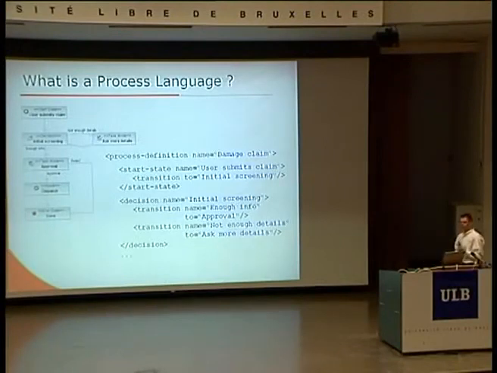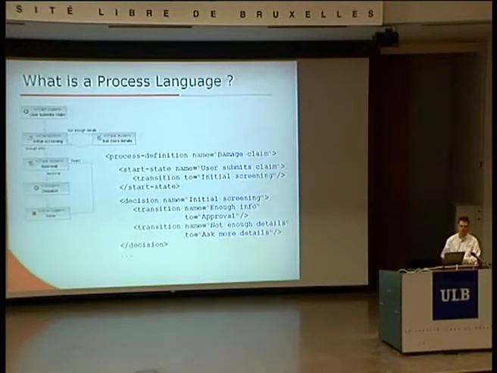So then, what is a process language? Here you can see a real example or an indication of what JPDL is all about. On the right, you see the XML syntax, an embedded process language that describes the activities in your process in an XML format.